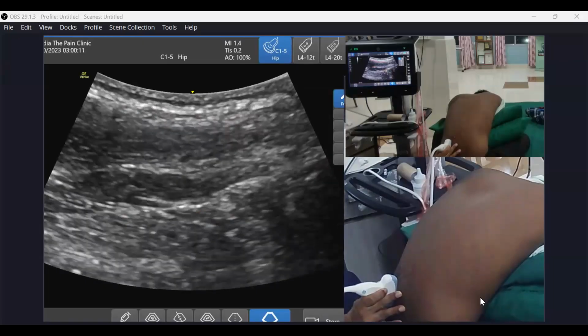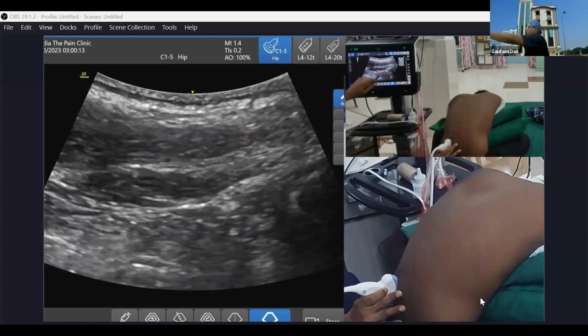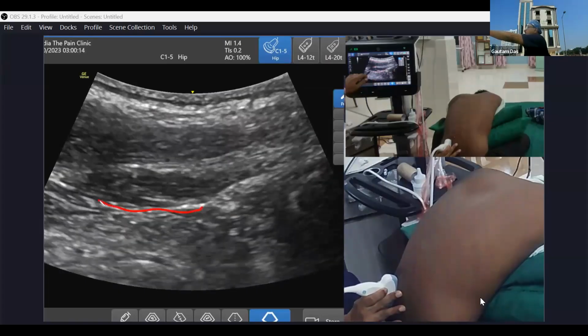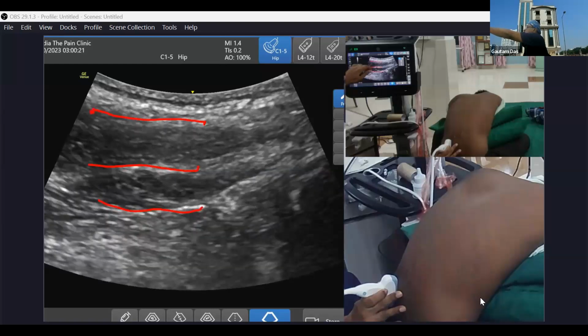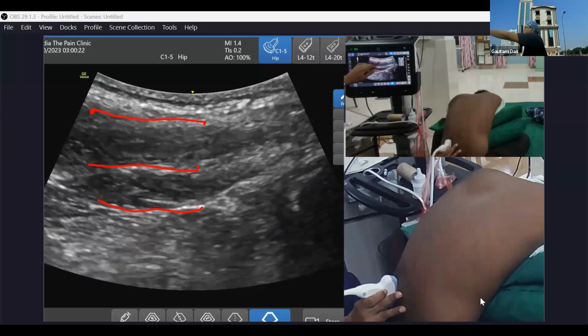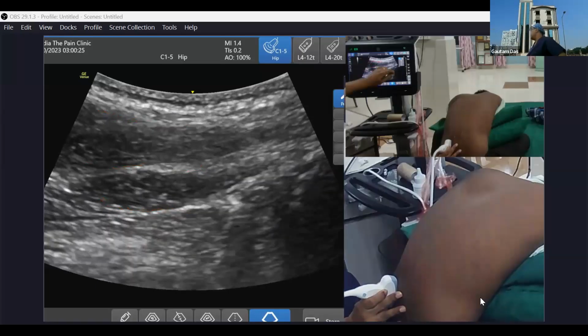So this is the anterior layer between the psoas and quadratus. This is the middle layer between the quadratus and the erector spinae. This is the posterior layer between the erector spinae and the latissimus. Latissimus also is a very thin layer of muscle. This is your posterior.